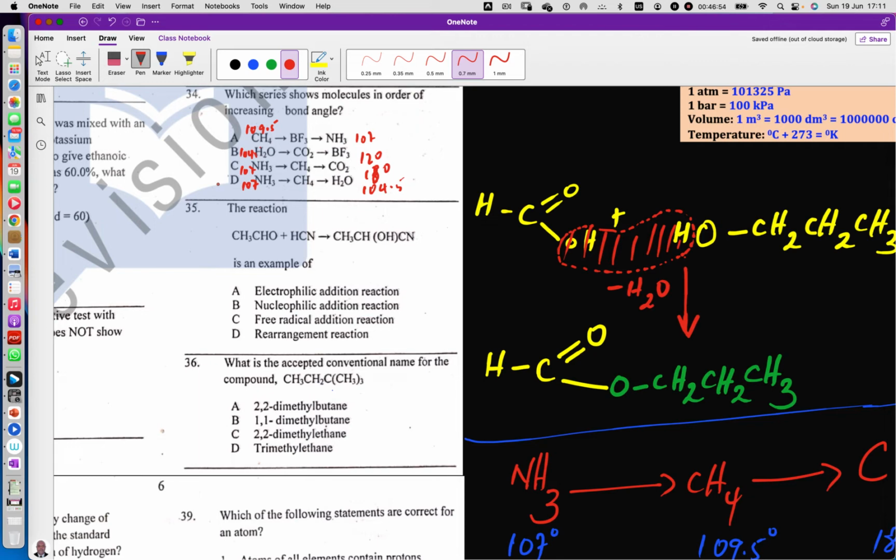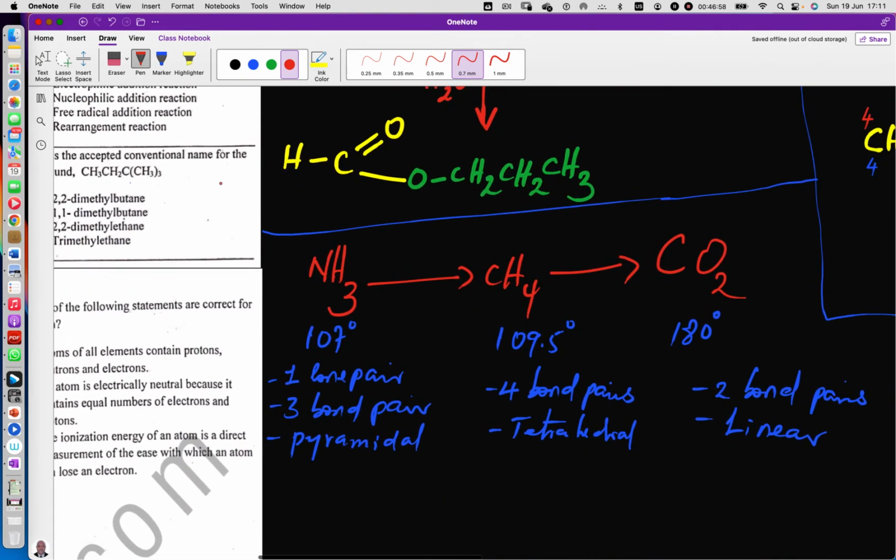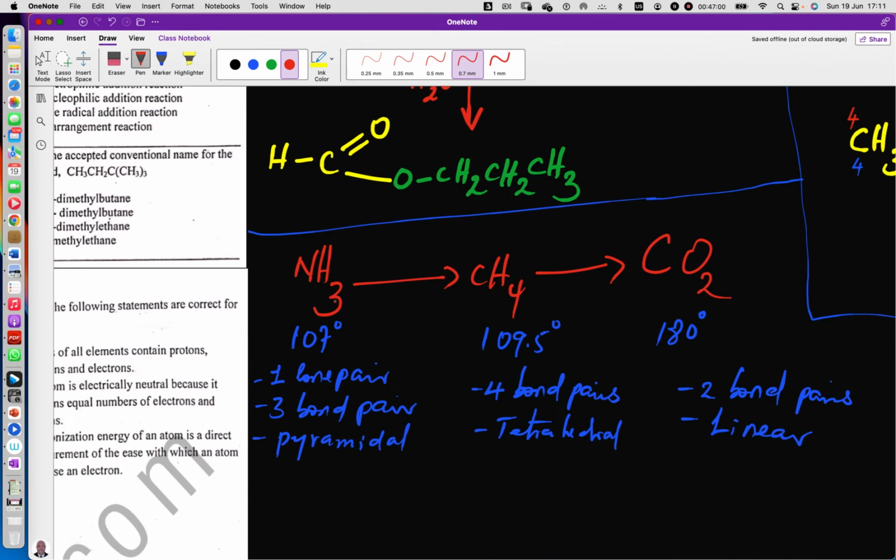From ammonia to methane to carbon dioxide, that is C. Ammonia is 107, methane is 109.5, carbon dioxide is 180. Now, what is causing ammonia's shape? It has one lone pair of electrons, and there is repulsion.